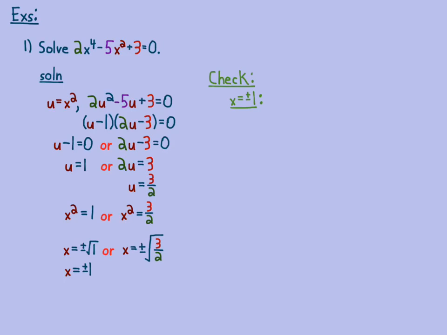So basically, this one's pretty easy to check. You could probably just look at it and see. You get 2 plus 3 minus 5. 5 minus 5, 0. I like to do the positive ones together and then the negative ones together and then subtract. It's just easier.